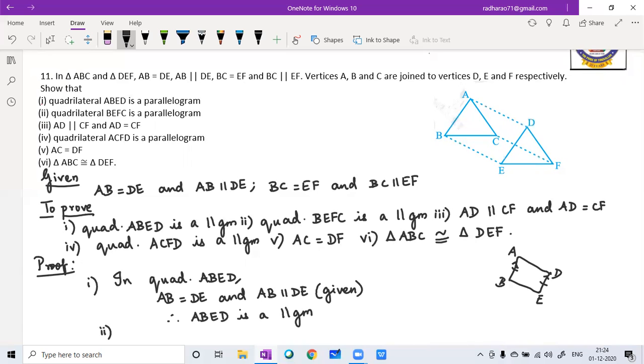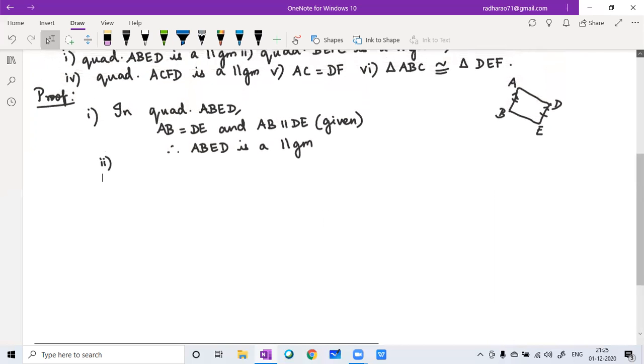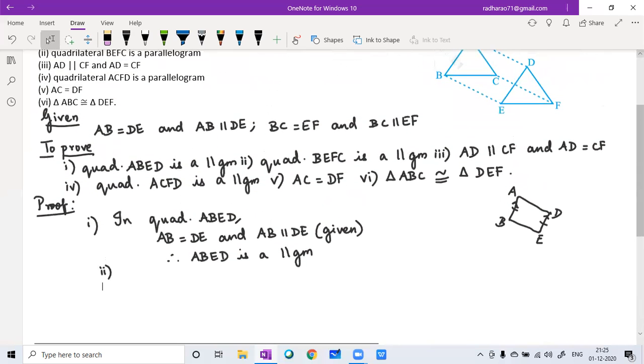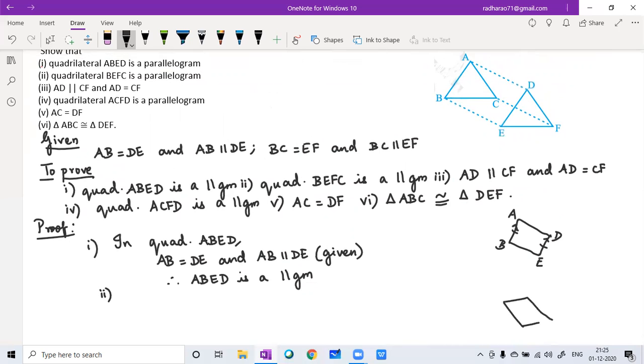Let us see the second proof, that is BEFC. So let us see how to prove the second one, BEFC. Let us take that quadrilateral BEFC.